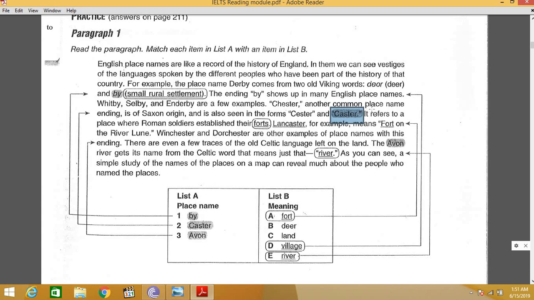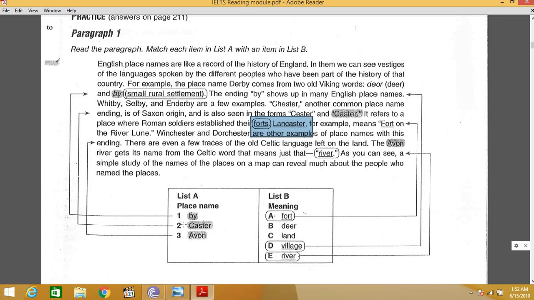It refers to, so this is the word that tells us reference means meaning. It refers to a place where Roman soldiers established their forts. And Lancaster, for example, means fort on the river Lune. So we identify the answer for caster: it means fort. Directly we find the answer, fort. Question number 2, answer is A.